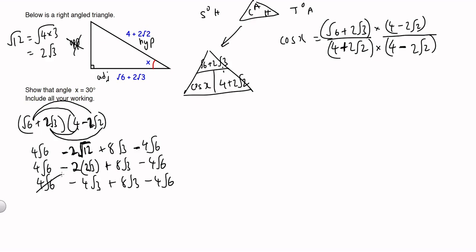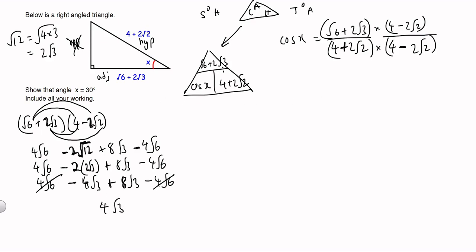Obviously 4 root 6 take away 4 root 6 cancels. And here we've got both of these are root 3 families. So we have negative 4 add 8 is positive 4 root 3.